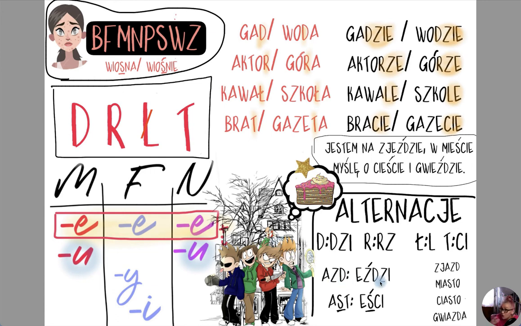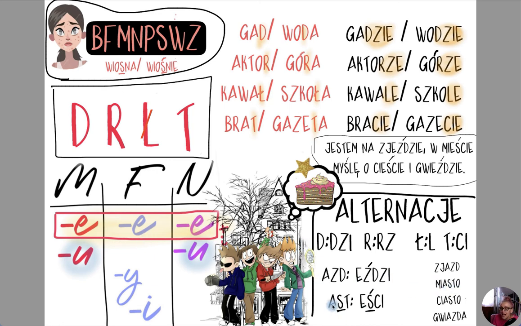So just for you, some of you are very thorough, almost obsessed like me with every single detail. So this kind of vowel and consonant cluster becomes this, and this becomes this. So zjazd becomes zjeździe, right?